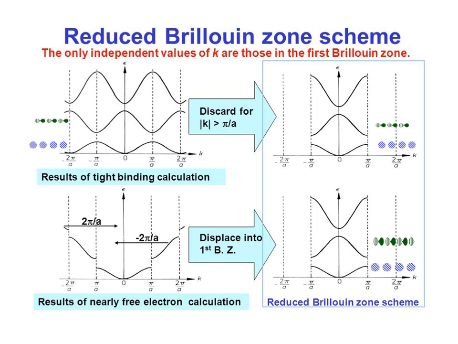While we always do this using the reduced Brillouin zone scheme, we should recognize that this corresponds to wave functions with an extra oscillation within the unit cell. Notice how similar the band structures and wave functions look, regardless of whether we used a linear combination of atomic orbitals or a free electron model.